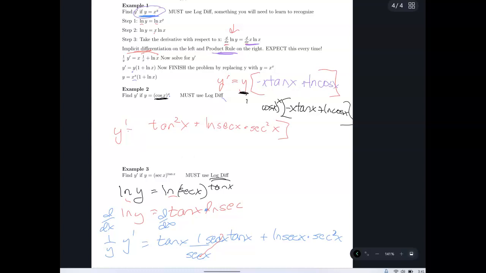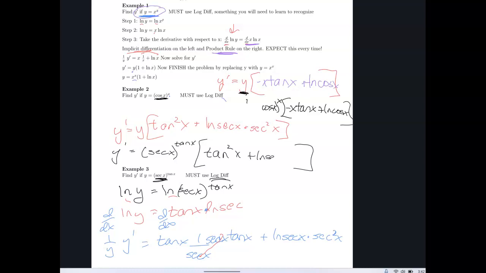Okay, equals y times. Then the very last step is to replace y with what the function was equal to, right? So y prime equals secant of x to the tangent of x, tangent squared x plus ln of secant times secant squared x. And that's it.